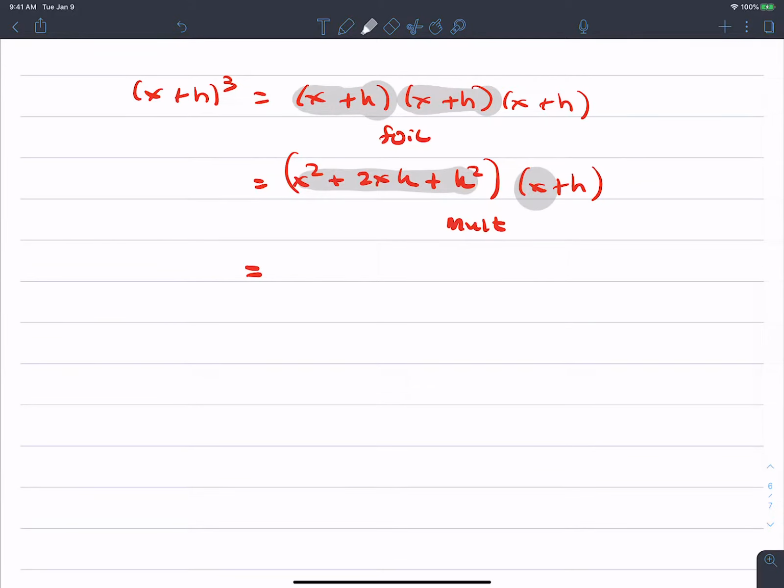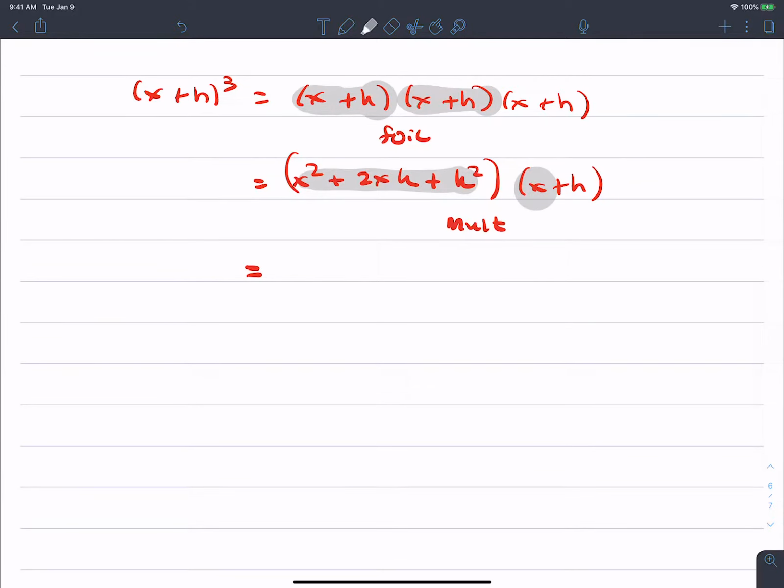All three terms. So you get 2x squared h plus xh squared. So just be careful with that. Using the distributive property, we're multiplying. And now we're going to get the next term and do the same.